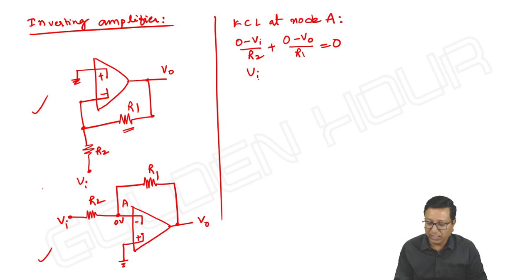So Vi by R2 is equal to minus V output by R1, or I can write V output is equal to minus R1 by R2 into Vi.